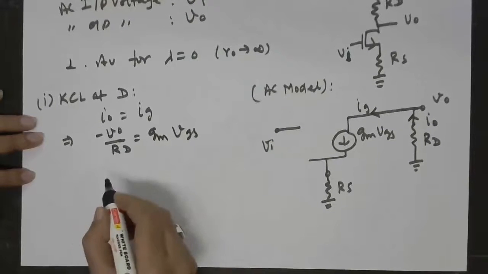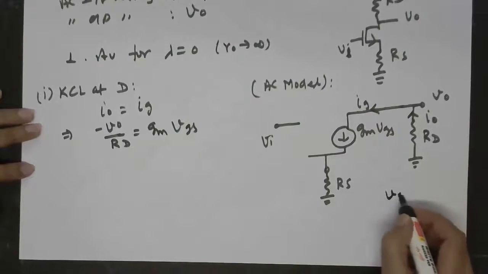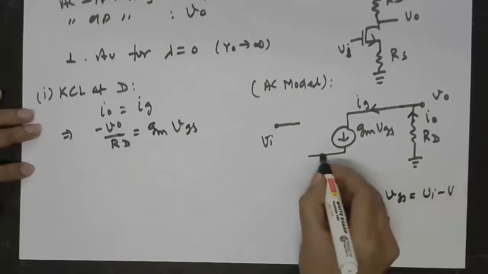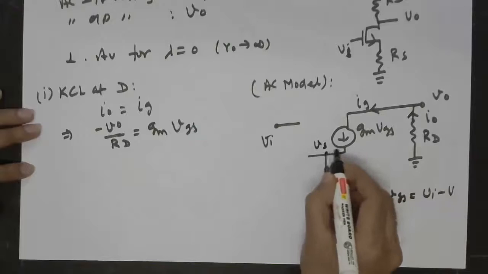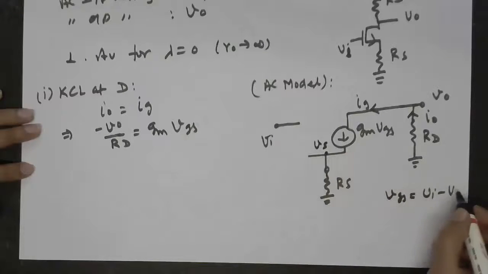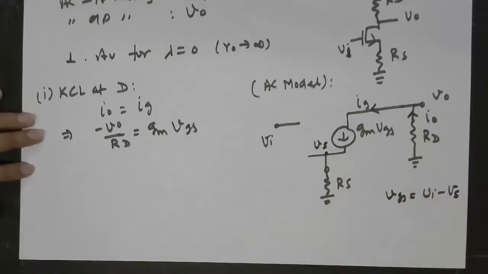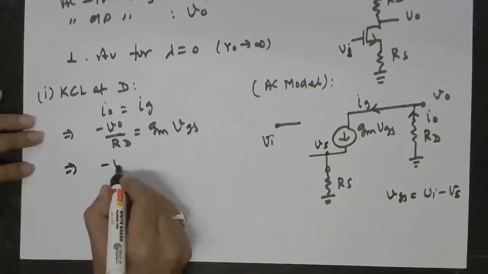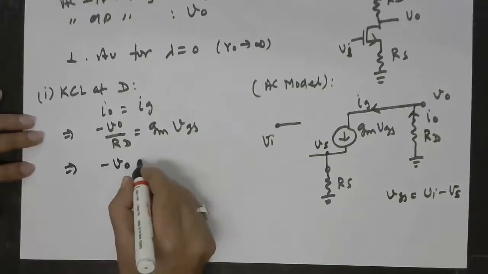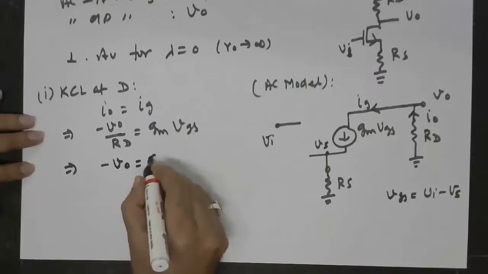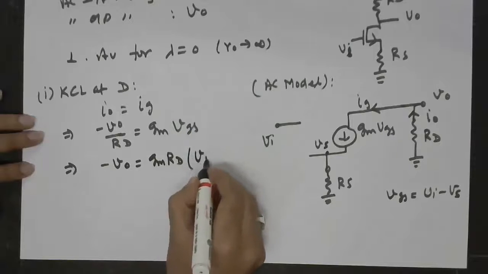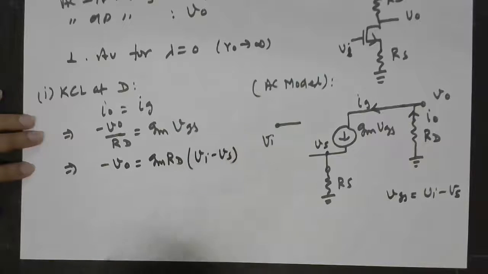And we know VGS is VI minus the time varying voltage at the source Vs. So this becomes minus Vo equal to GMRD into Vi minus Vs.